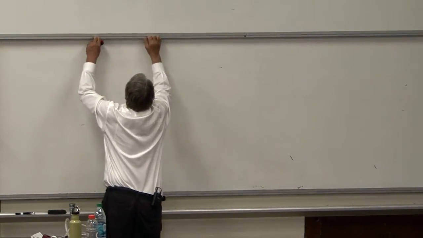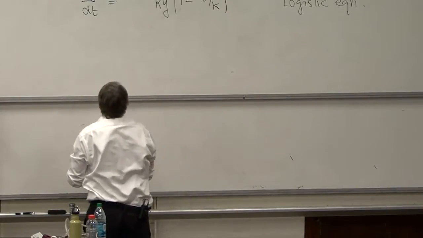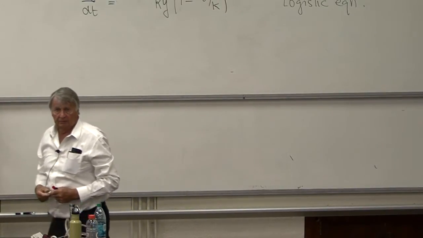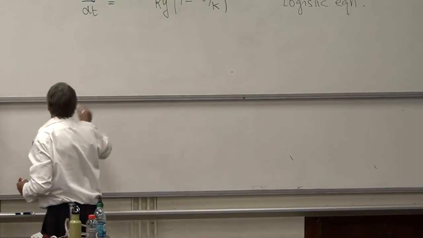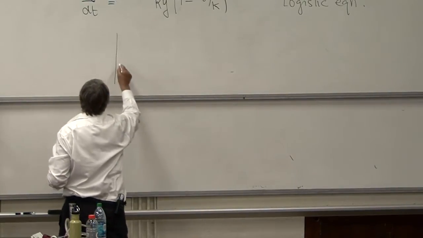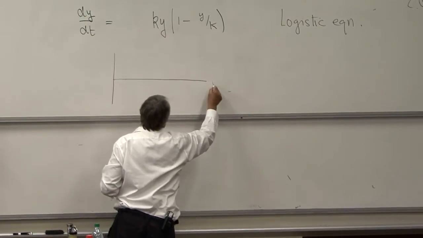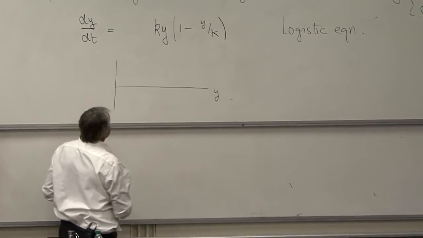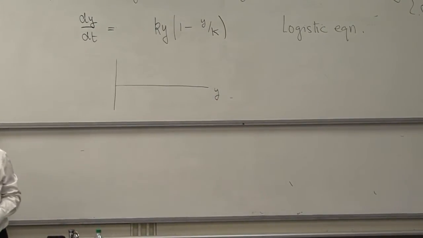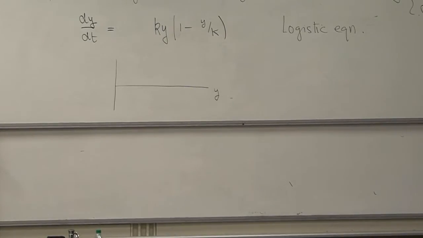What does this graph look like, as a function of y? And we really are only interested in y positive. So, what's it going to look like?